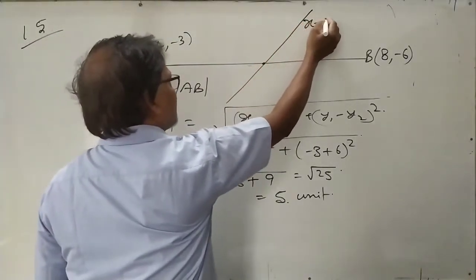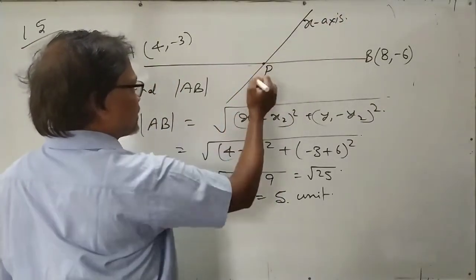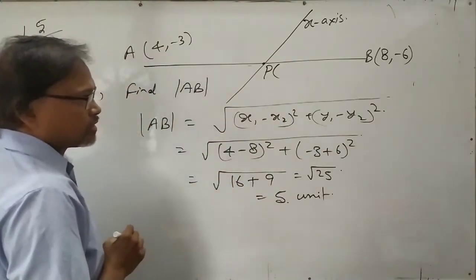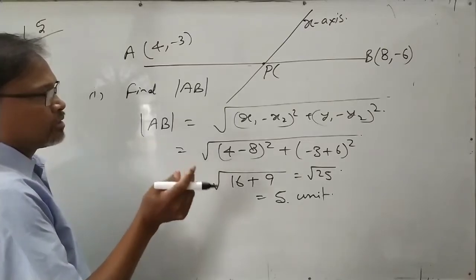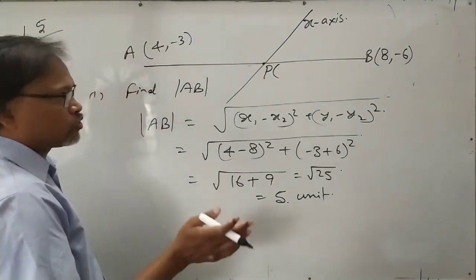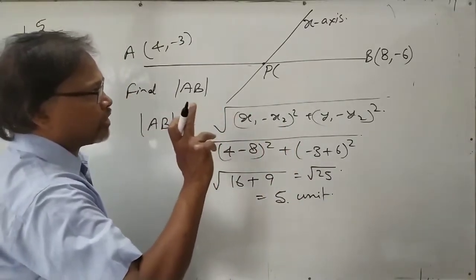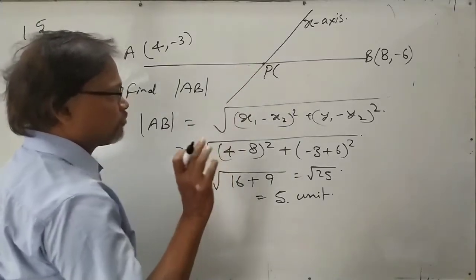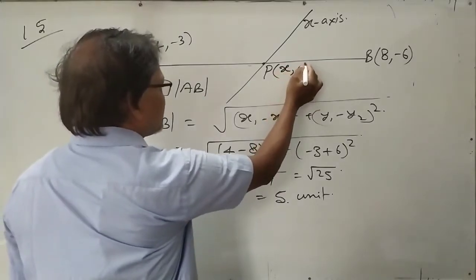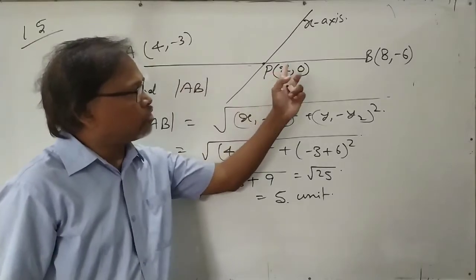Suppose this is the x-axis and this line divides the x-axis at point P. अगर x-axis को कोई भी line divide करती है, especially in the reflection chapter I told you and in class 9, if the line divides the x-axis, then the coordinates of this point will be x, 0, क्योंकि it divides the x-axis. अगर y-axis को करनी तो 0, y.